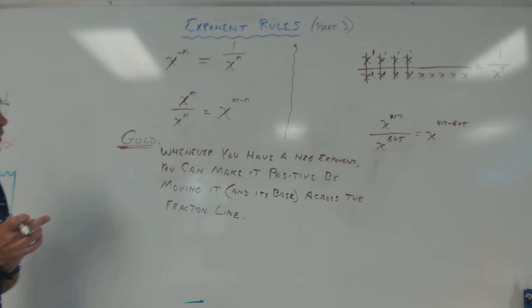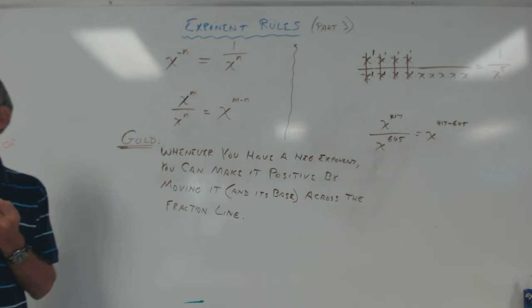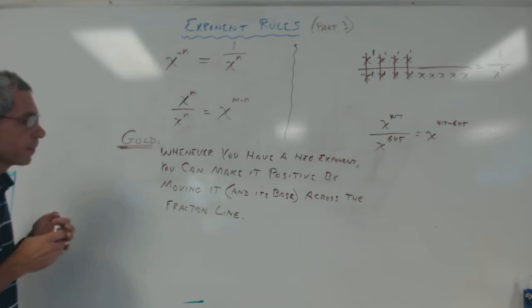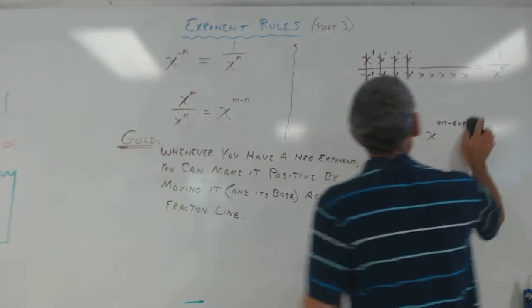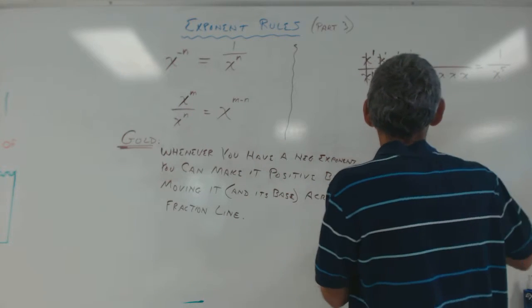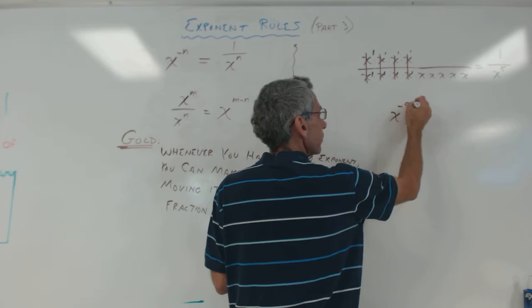We didn't talk about this, I don't believe. I might have mentioned it to you, but I didn't actually teach it formally. So what that means is this. Let's say I have x to the negative 5.